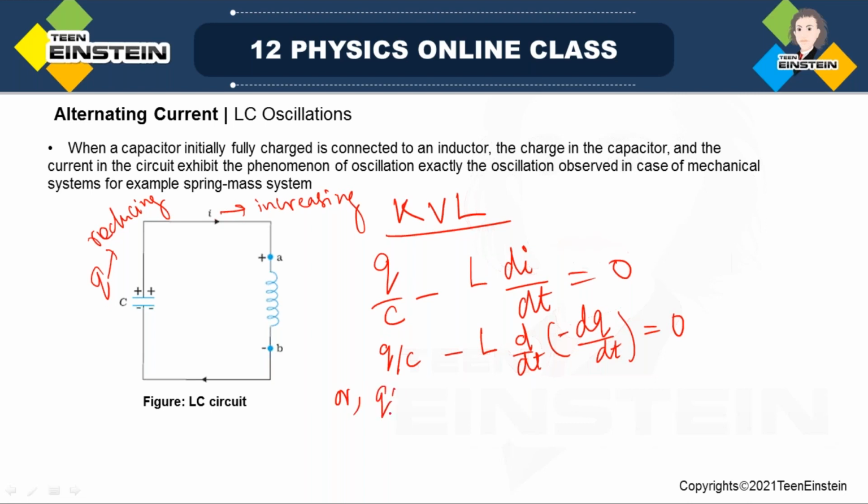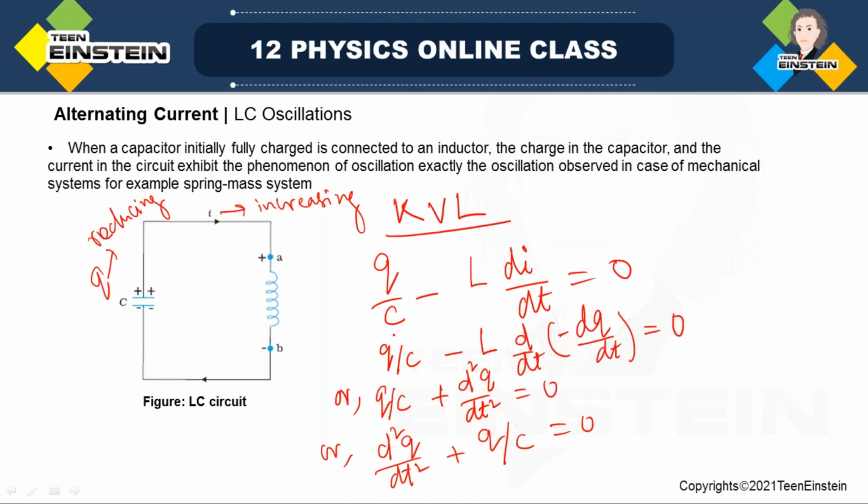Now this minus sign will make the whole as positive, and this can be written as L d2q by dt square, and this is equal to 0. I'll just write it like this.